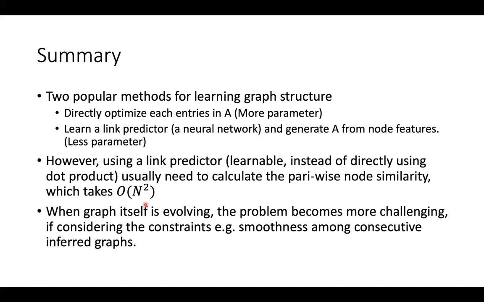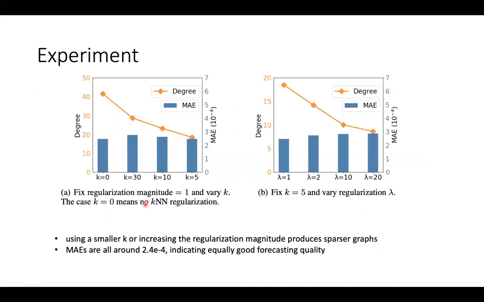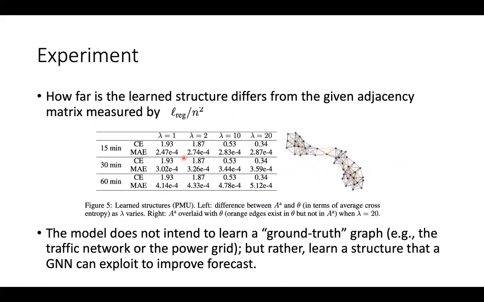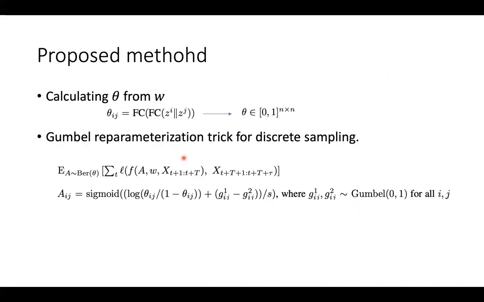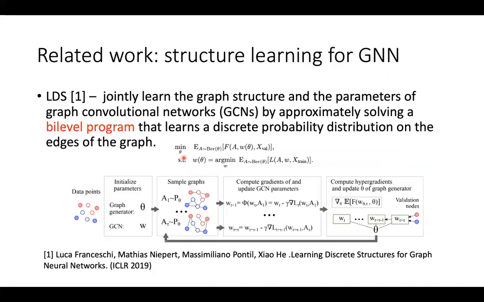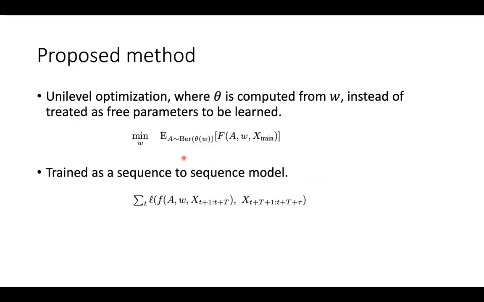For example, for this NRI paper and for this paper, if they want to generalize it to when the graph structure is not static but dynamic, then they are just going to use this graph every time at each time step t. But there are no constraints on the generated graphs across different timestamps.